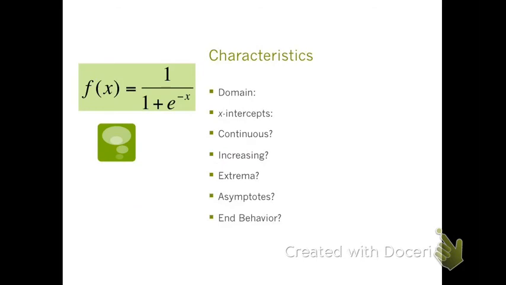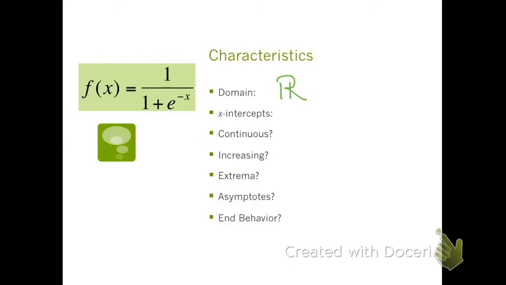So looking at some of the characteristics of this function, we have the domain is all real numbers, unless the problem implies that there's some other domain restriction, like you can't have negative bunnies or whatever.